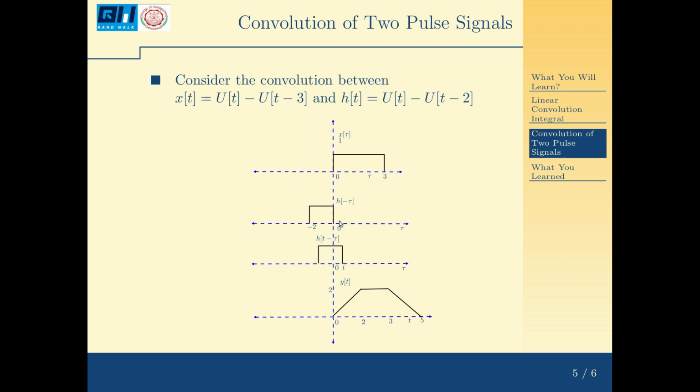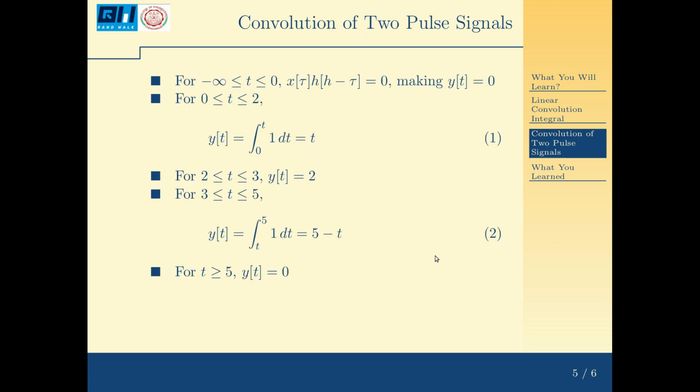Now we have to see this convolution as t moves from 0 to infinity. For minus infinity less than t less than 0, x(tau) h(t minus tau) is always 0, making y(t) equal to 0.